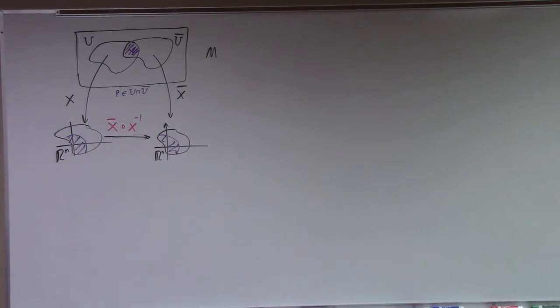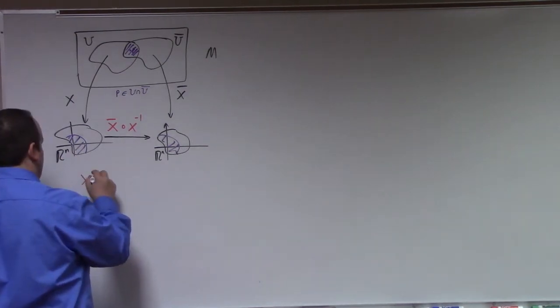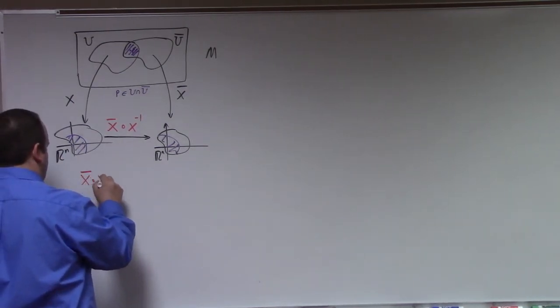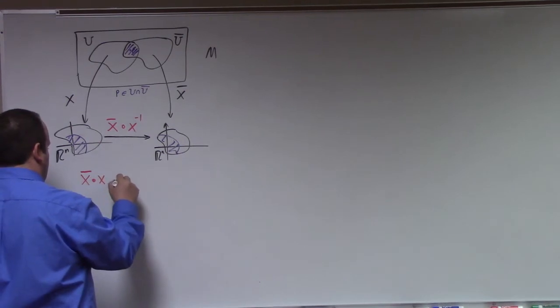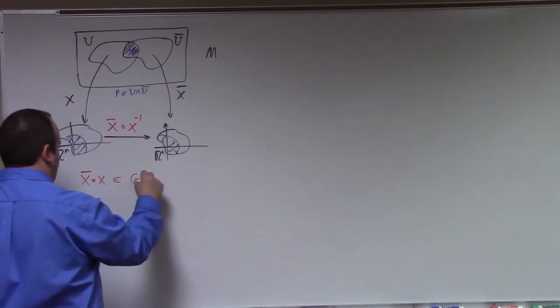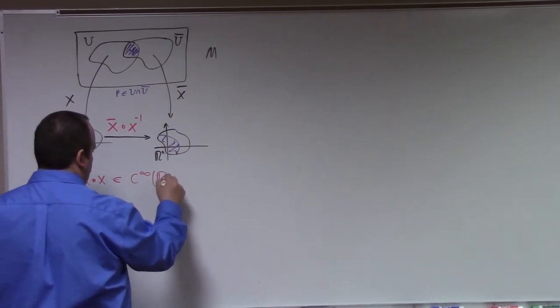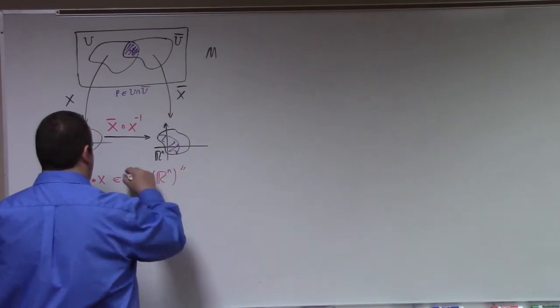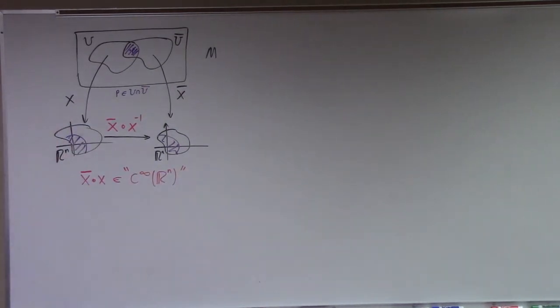So that would be the so-called transition function on the manifold. So this x inverse composed with x bar needs to be a smooth function on R^n. I'll put some quotes around that. I don't really mean on R^n, I mean on an appropriate subset of R^n as is dictated by the particulars of the overlap. It needs to be smooth where it's defined.